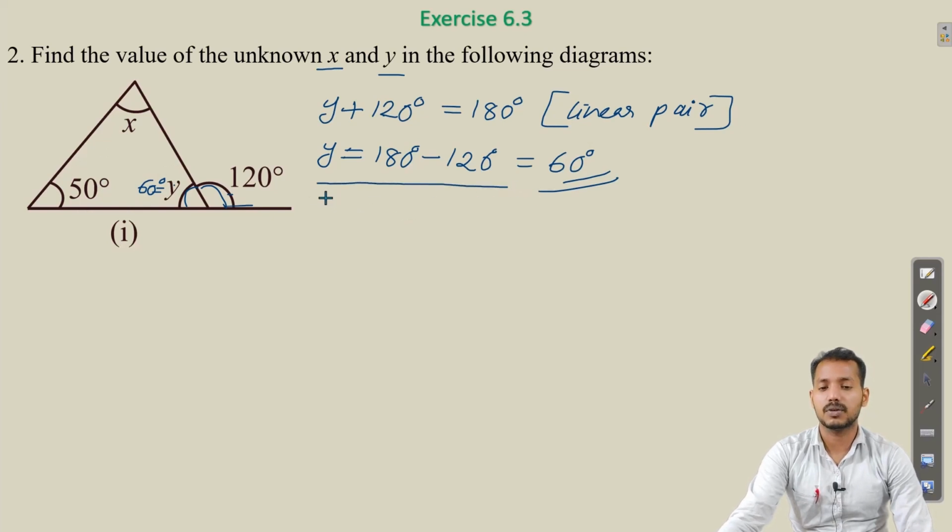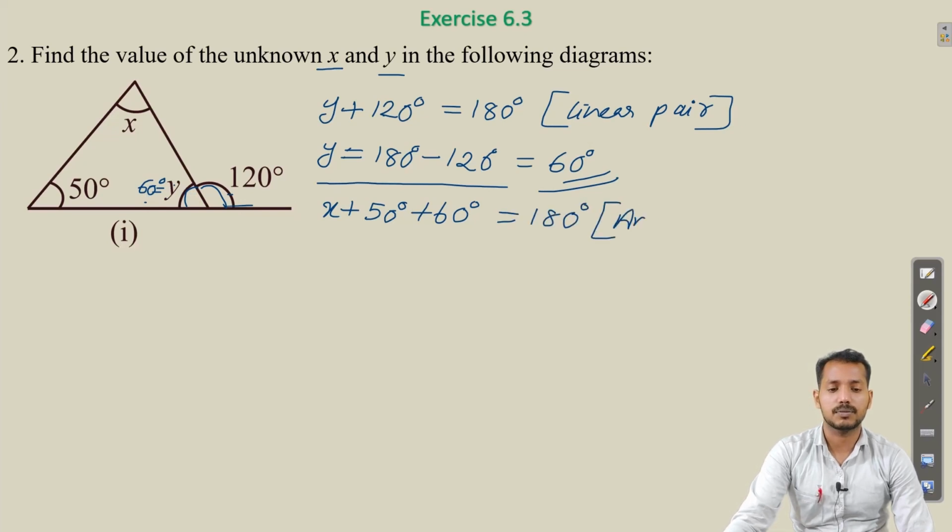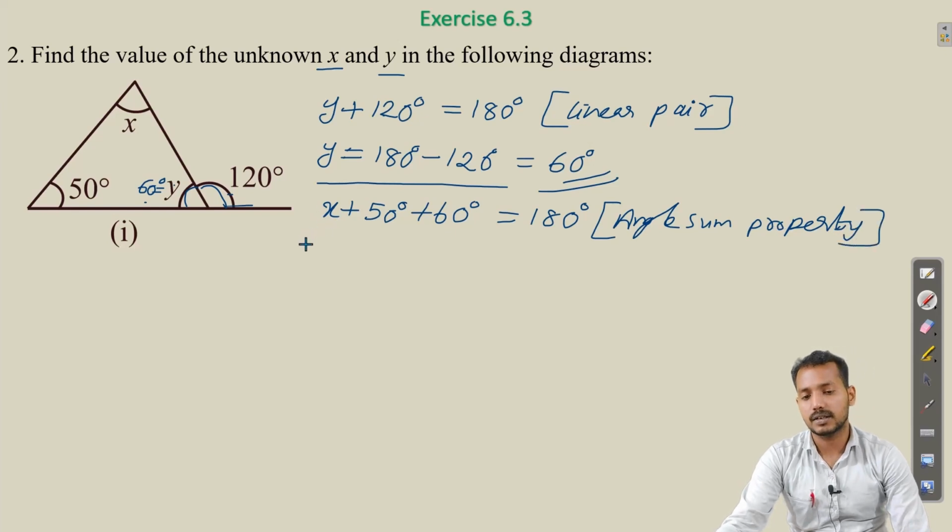In the second step, x plus 50 plus 60, y you already know now, which is equal to 180 degrees according to the angle sum property. So what will you get here?